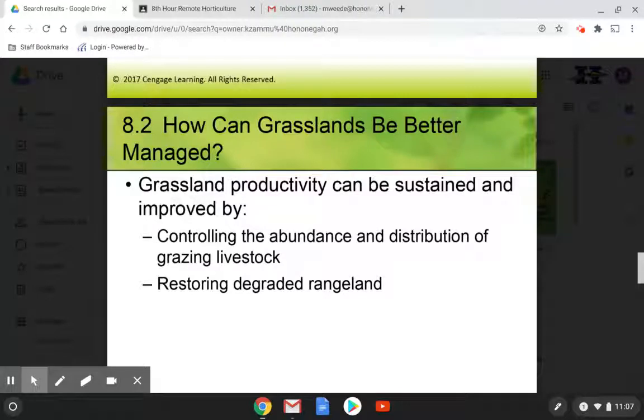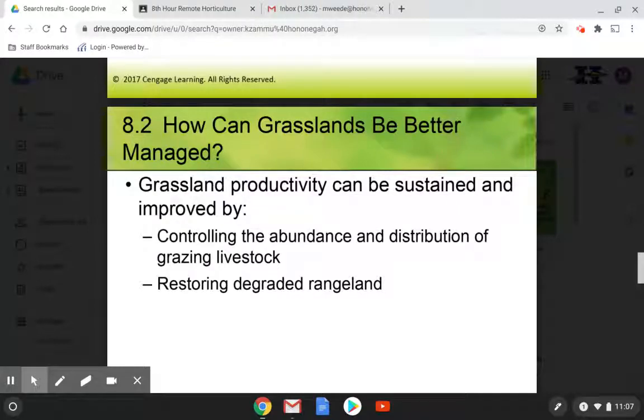So, first, how can we as people manage our grasslands better? Grassland productivity can be sustained and improved by controlling the abundance and distribution of grazing livestock and by restoring degraded rangeland.